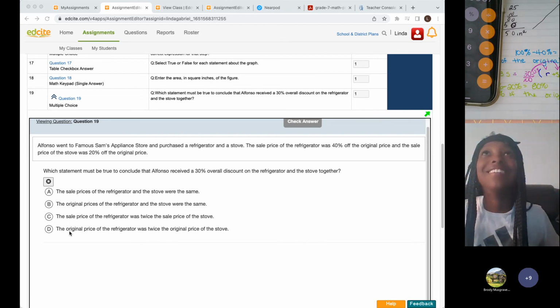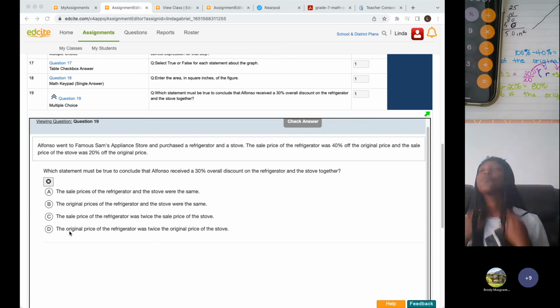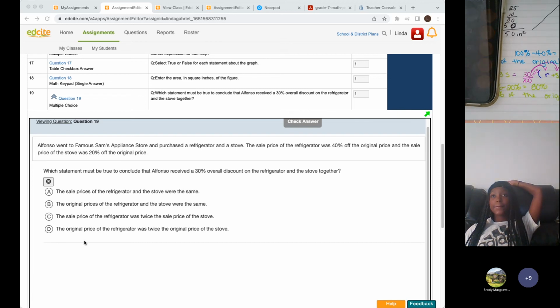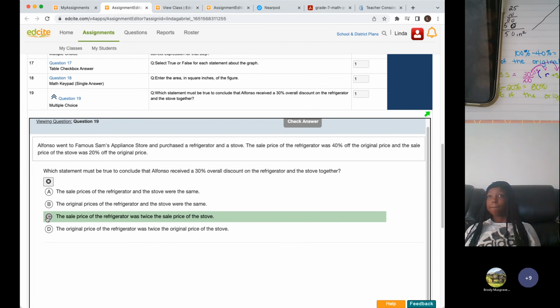So if I have 2R and 2.67 S, that is my new proportion for R plus S. So the original price of the refrigerator has to be less. The sale price of the refrigerator was twice the sale price of the stove.